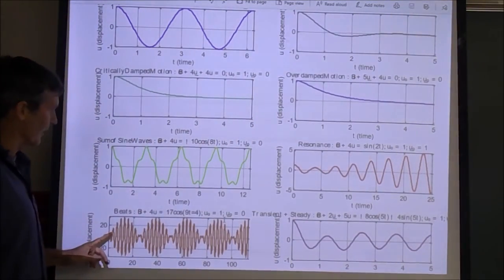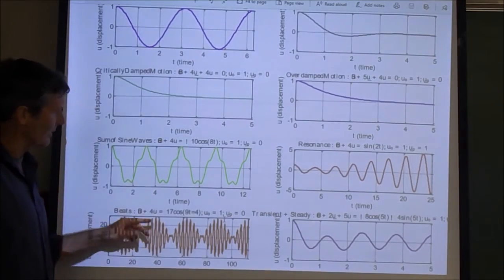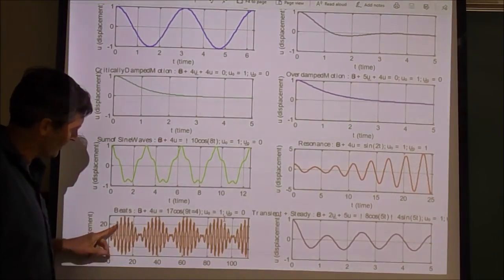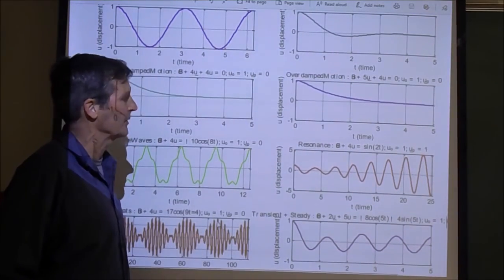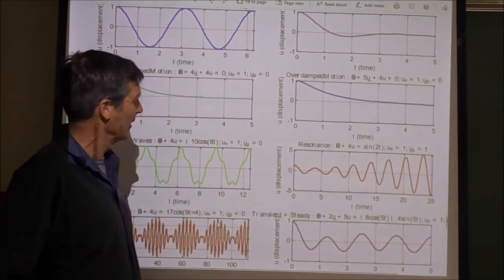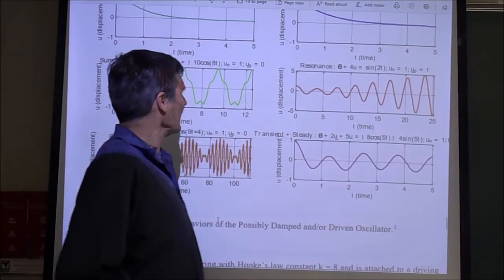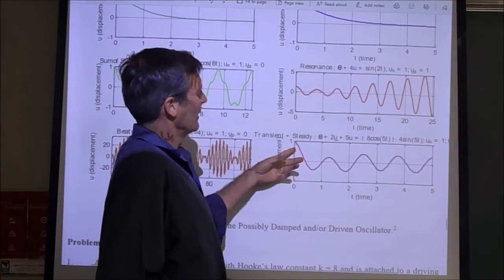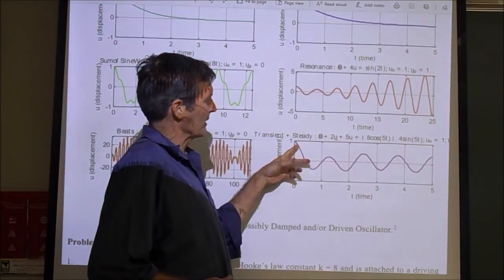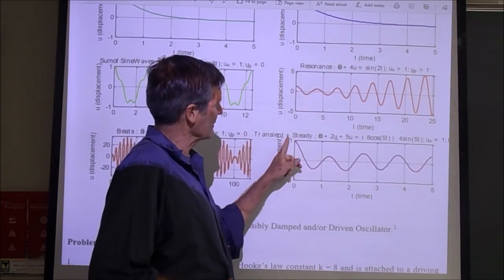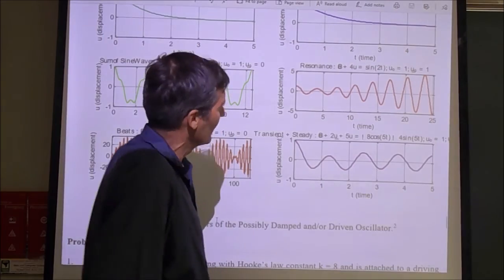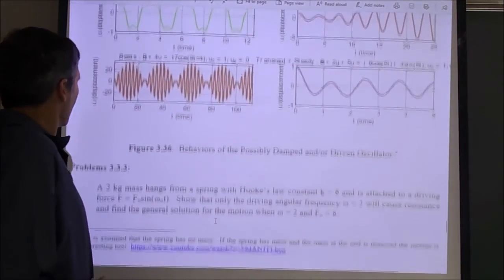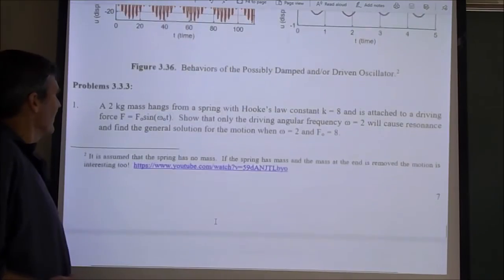If you drive it close to there, but not quite, you'll get a little sine wave left over, plus the beats like this. You should see this MIT video too, by the way. This is quite good. And then finally, if you take a damped driven oscillator, you get a transient term that damps out and eventually steady state vibration. Those are all the cases that you can get.